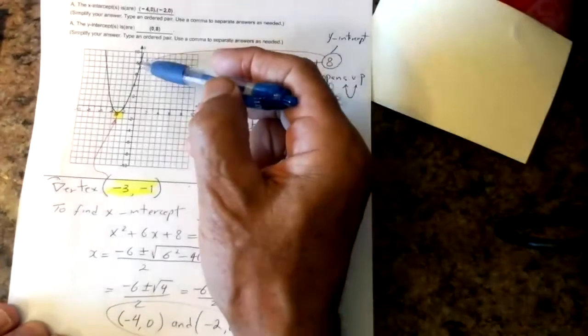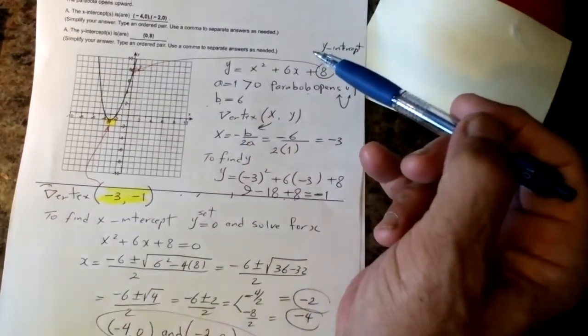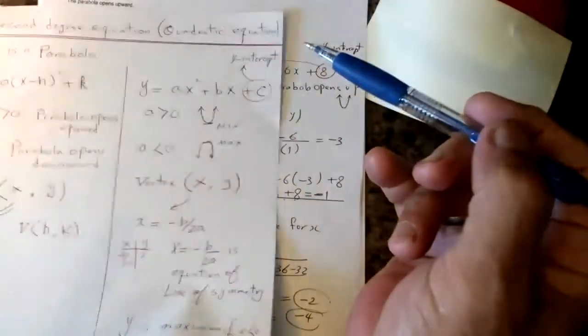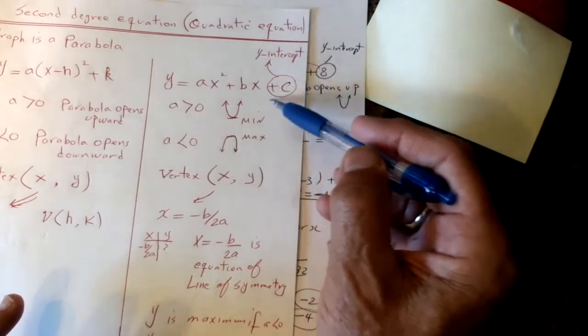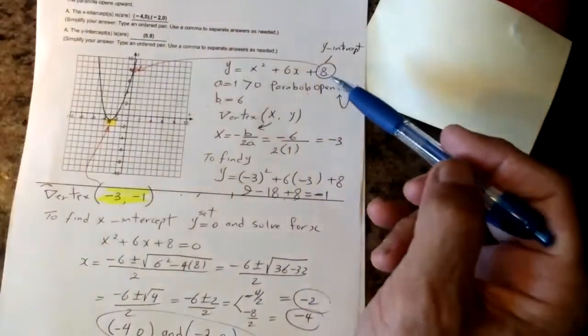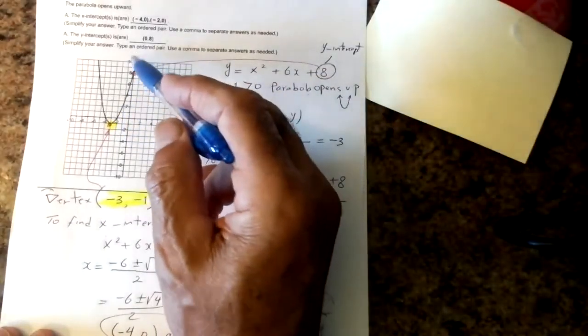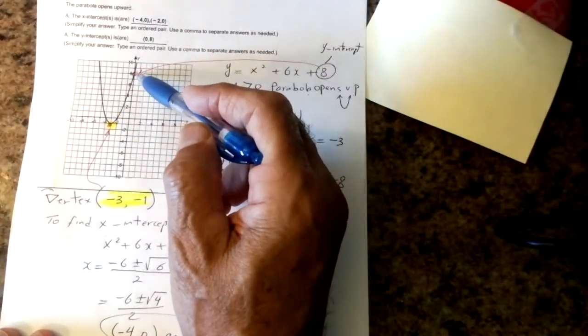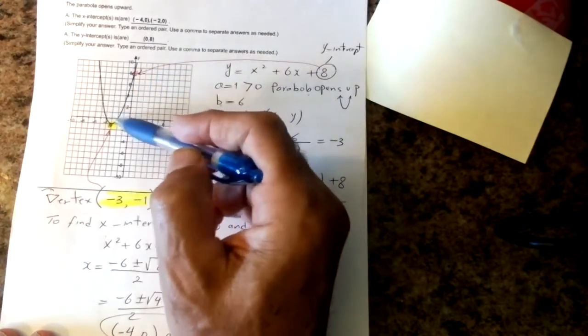What is the y-intercept in the general equation? The y-intercept is the c value. So here, the y-intercept is 8. It means my parabola intersects the y-axis at 8. That's the y-intercept. These 2 are x-intercepts.